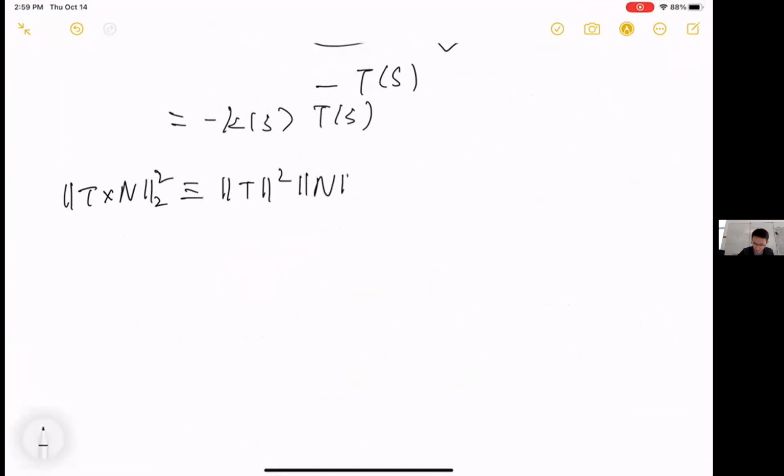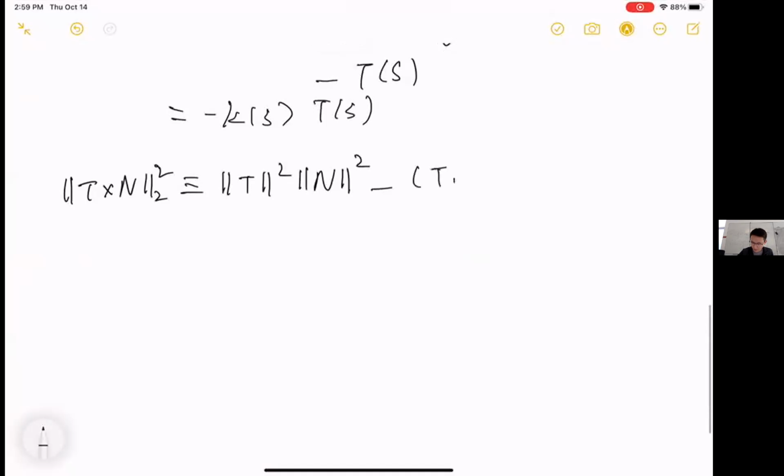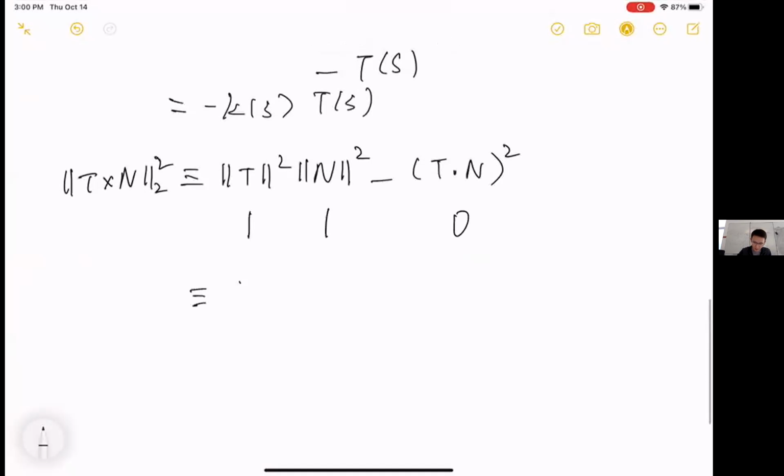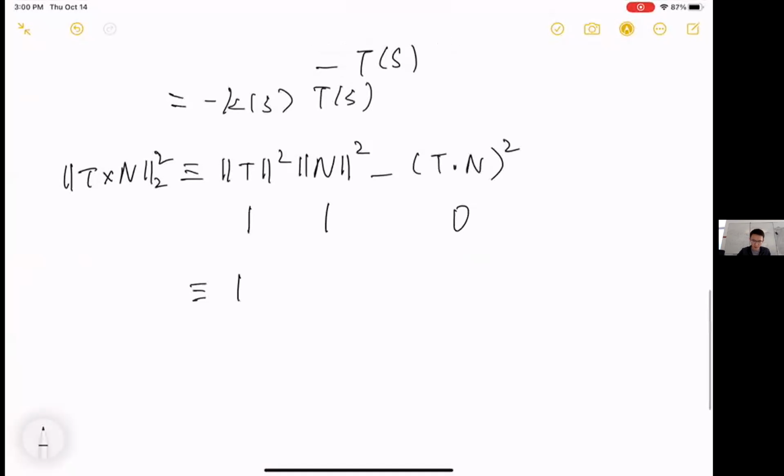the product of the norms of these 2 vectors squared, minus the dot product of these 2 vectors squared. In this case, we know T and N are both unit vectors, and they are perpendicular to each other. So this becomes 1, this becomes 1, and this becomes 0. So the norm of the cross product is 1.